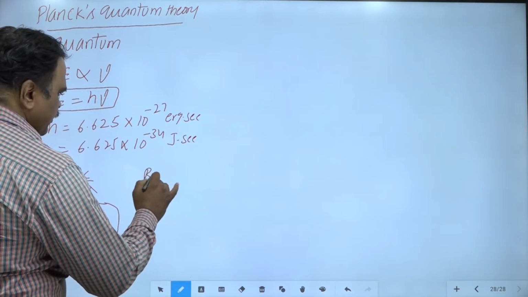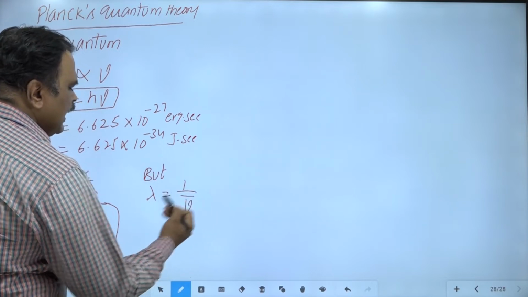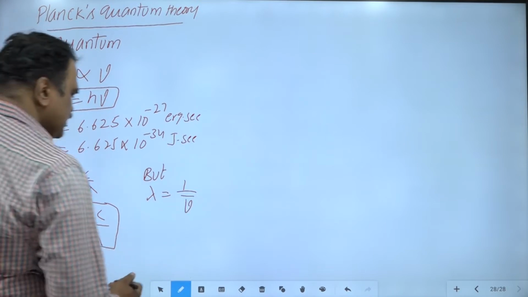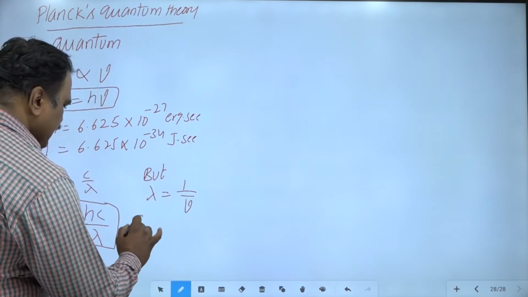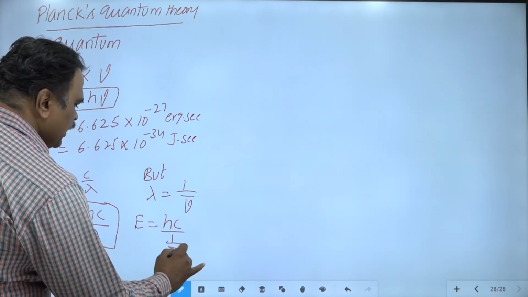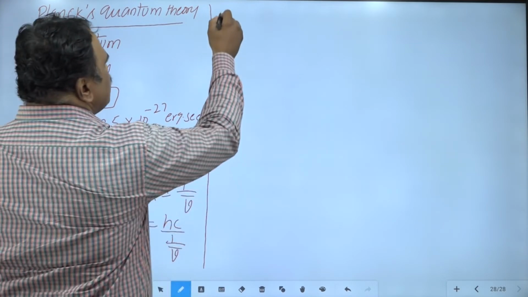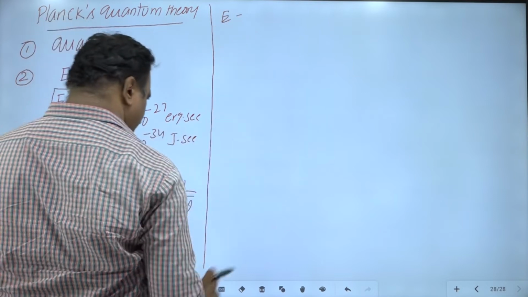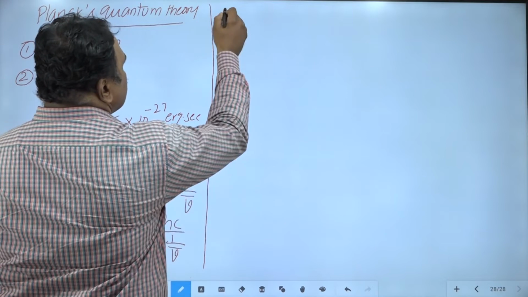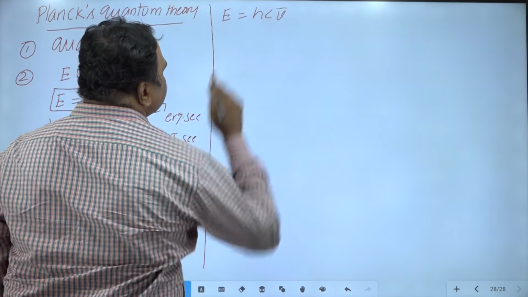But we know that wavelength lambda is the reciprocal of wave number. Lambda is equal to 1 divided by nu bar, where nu bar is wave number. Then E is equal to hc by 1 by nu bar. Now E is equal to hc nu bar.